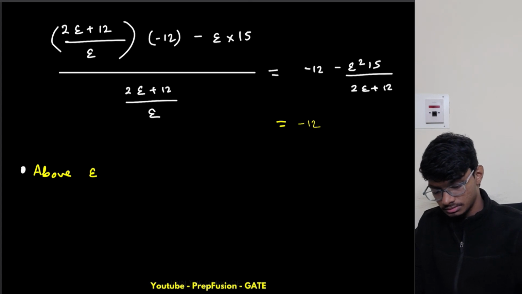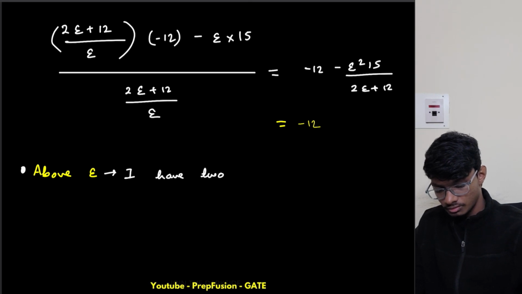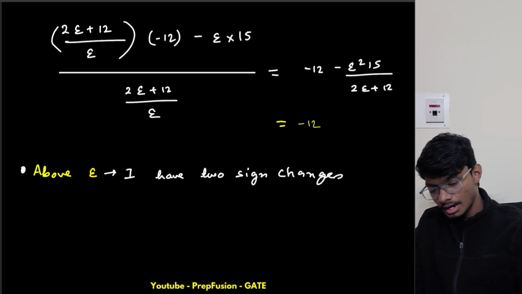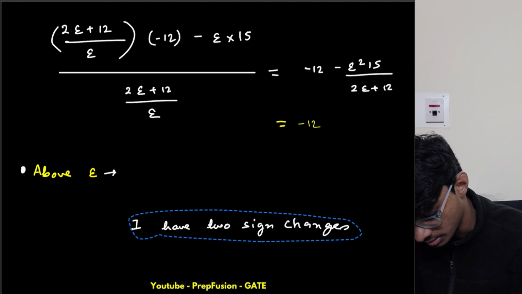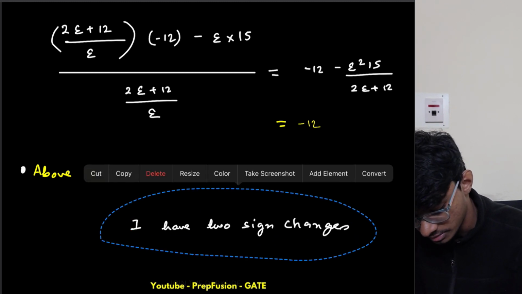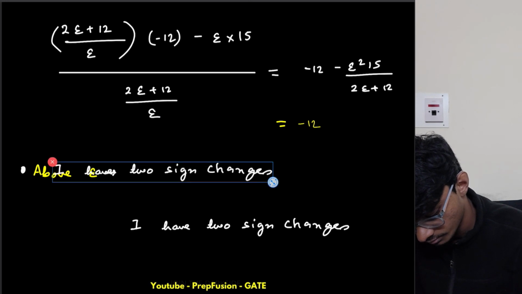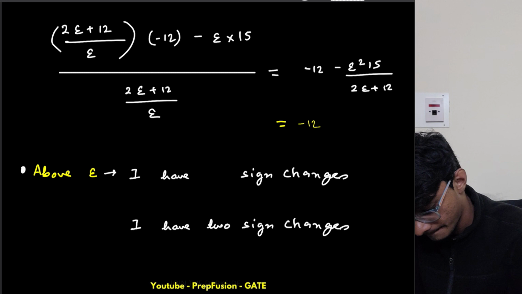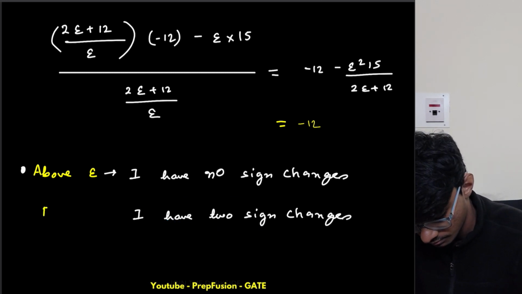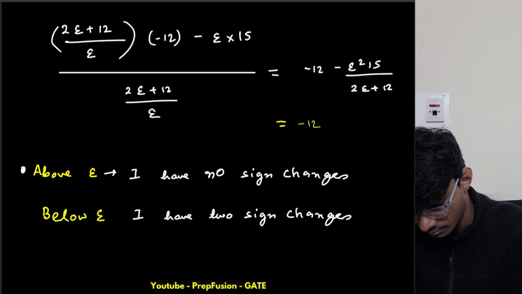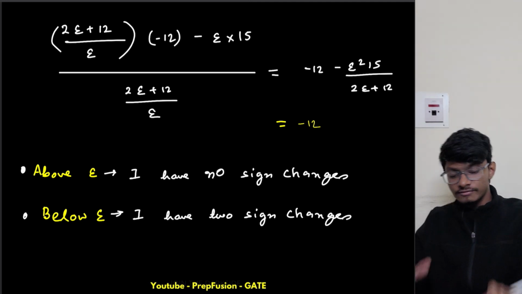So what I will write: above epsilon I have 0 sign changes, and below epsilon I have 2 sign changes, right?